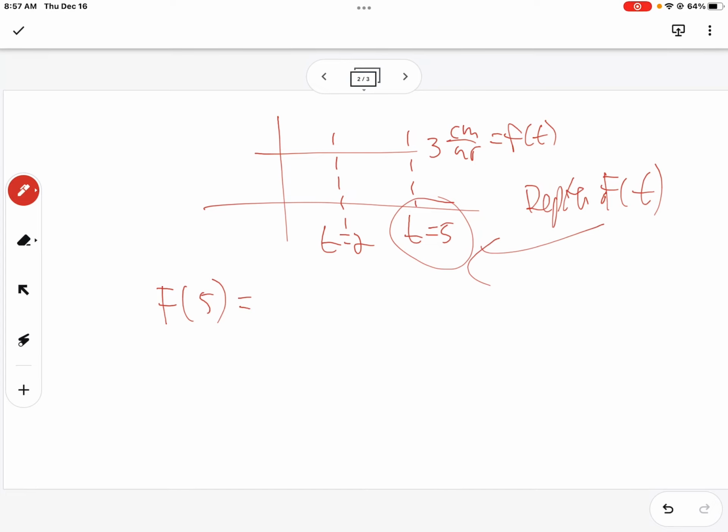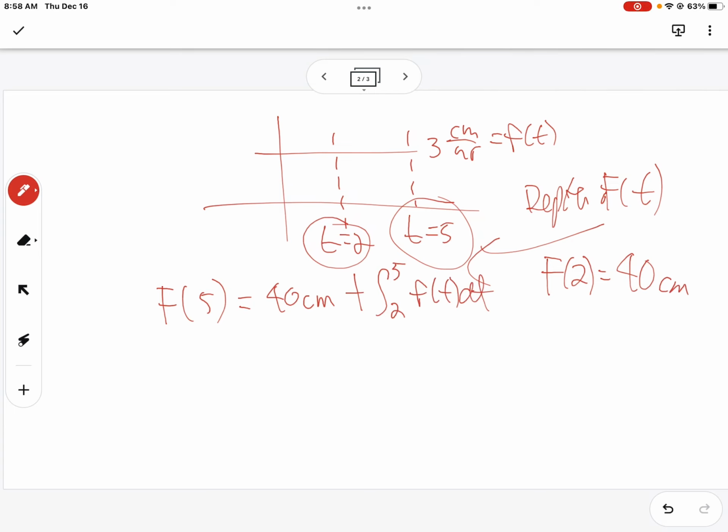I started with the depth at 2 hours. Well, that means that F at 2 was that 40 centimeters. Okay, that's what I knew. So F at 5 equaled F at 2, which is 40 centimeters, plus the accumulation from 2 hours to 5 hours, f of t dt.